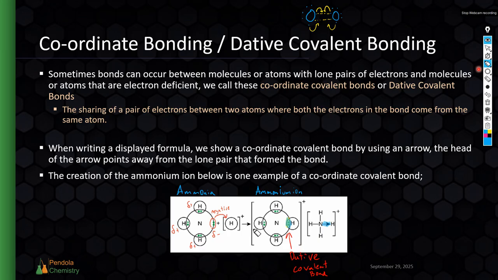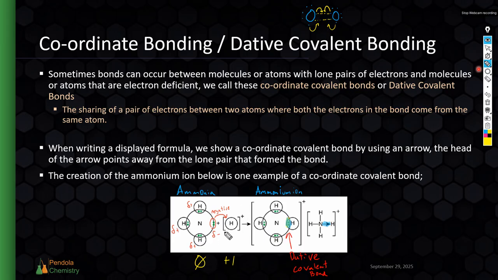Now do notice the charge, right? And this is something that's a bit separate from what we're discussing, but good to mention here. Notice how here the ammonia is neutral. It has zero charge. Now we put here zero charge, whereas this hydrogen has a +1 charge. When we combine compounds like this, or when we combine elements or whatever, to make a new ion, in this case, we need to balance out those charges.